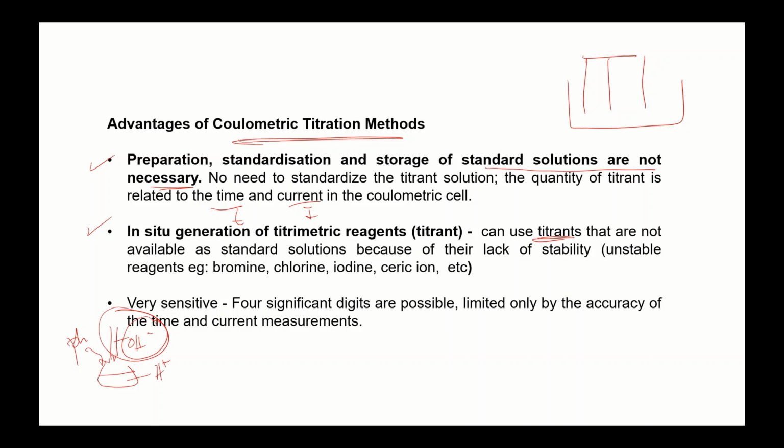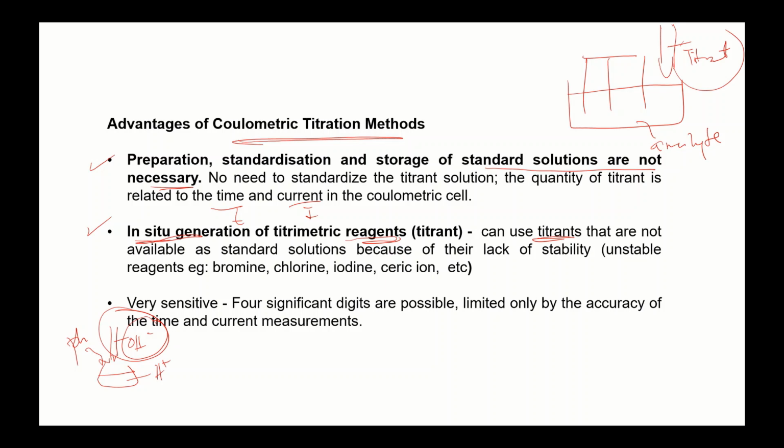I will discuss coulometry in detail later on. For example, this is the analyte, and this is the titrant. You will generate the titrant in situ at the working electrode.